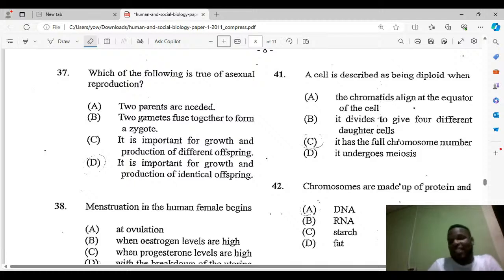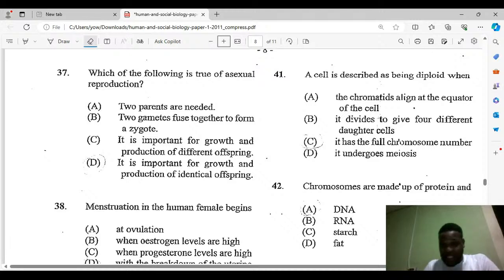So I'm seeing C, I'm seeing B. All right, guys. So the answer would be C.